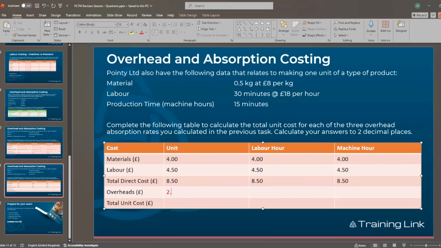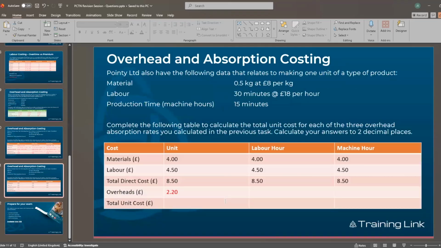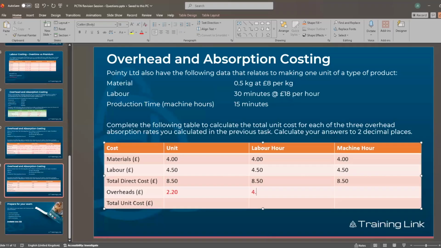This time, £2.20 is taken from our absorption rate per unit. For labour hour, we had £4.40. So £4.40 divided by 60 minutes times 30 minutes equals £2.20, which matches up with our overheads for the unit.